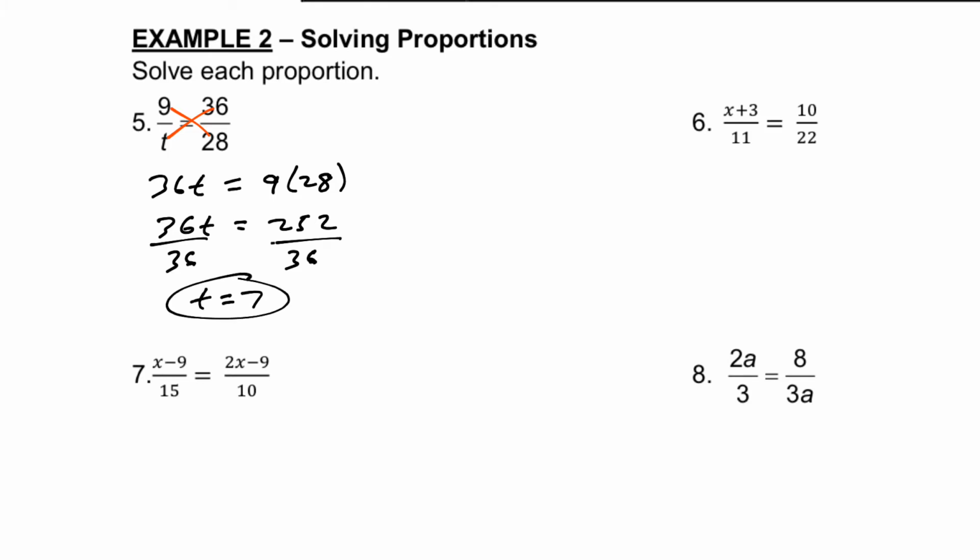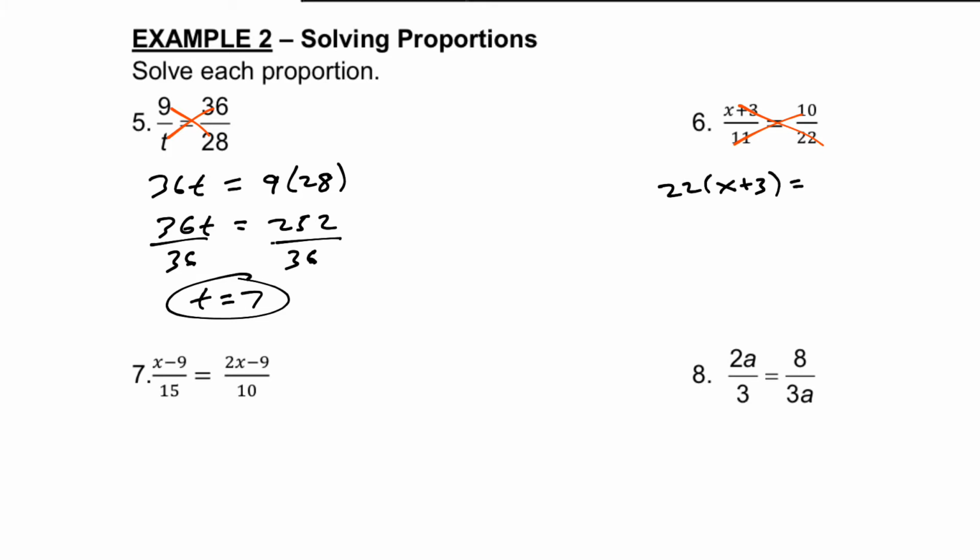All right, well, let's try the same thing on number 6. On number 6, we're going to do this cross product, 22 times x plus 3, and we're going to set it equal to this cross product, which is 11 times 10. We have 22 times x plus 3, but that's times the quantity x plus 3, so we need to put that in parentheses.